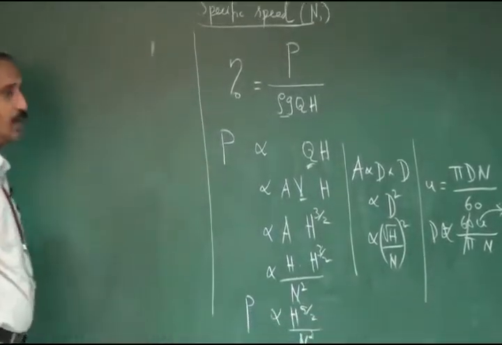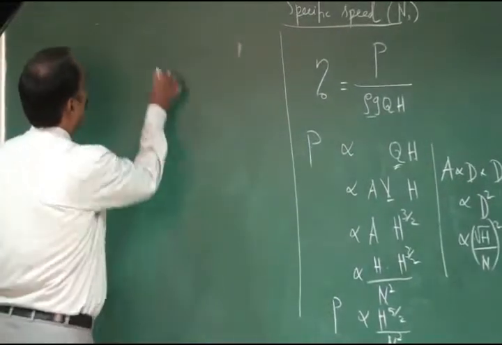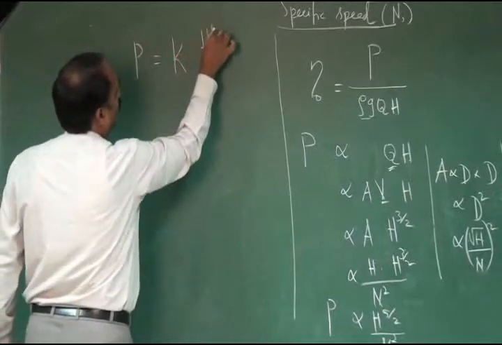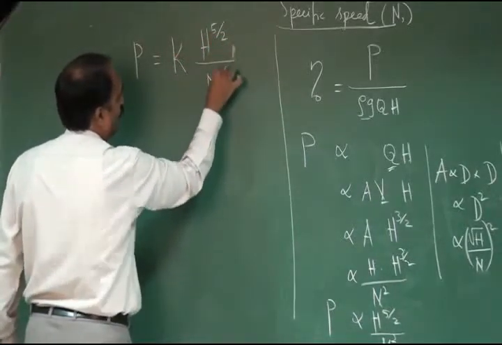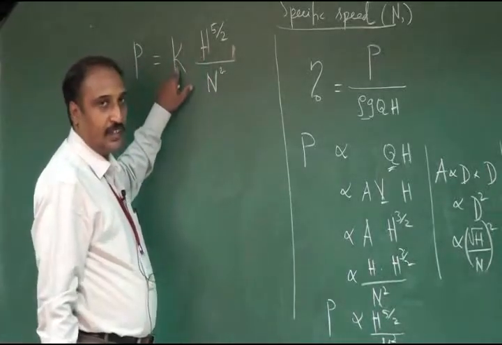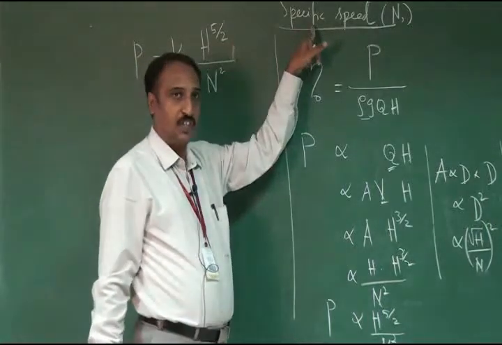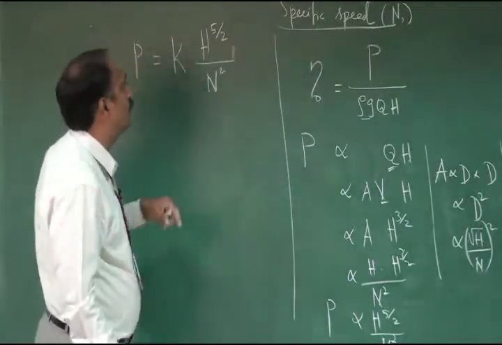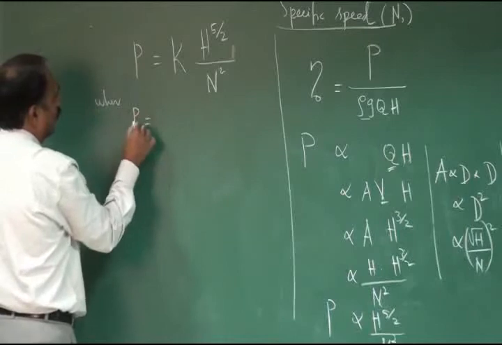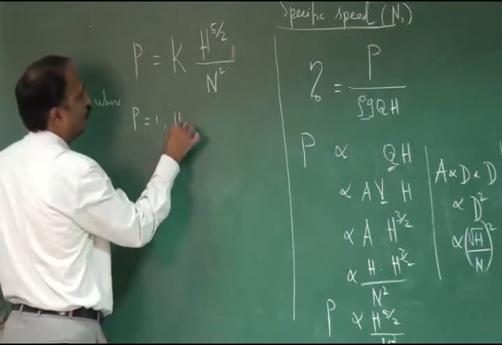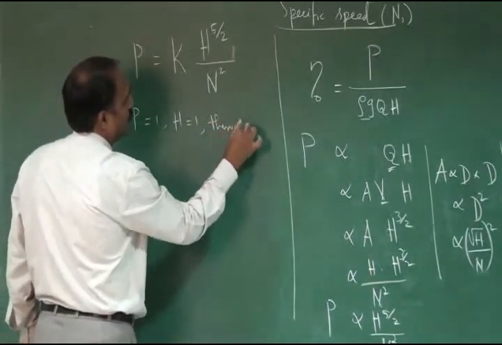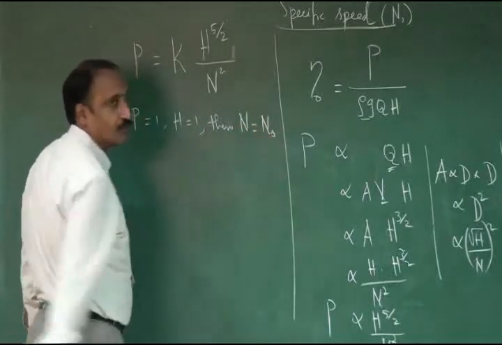Now power is equal to a constant of proportionality k, and H power 5 by 2 divided by N square. The constant value k is the definition of the specific speed. Specific speed is considered with unit power: when power is 1 under a head equal to 1, N is the speed of the turbine equal to the specific speed.